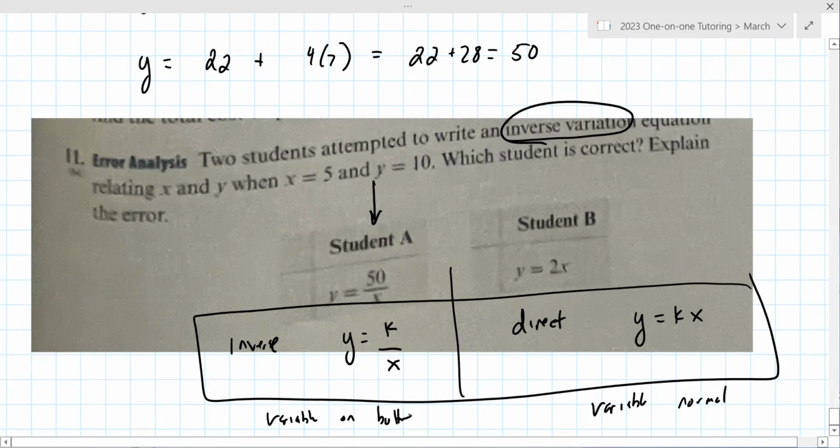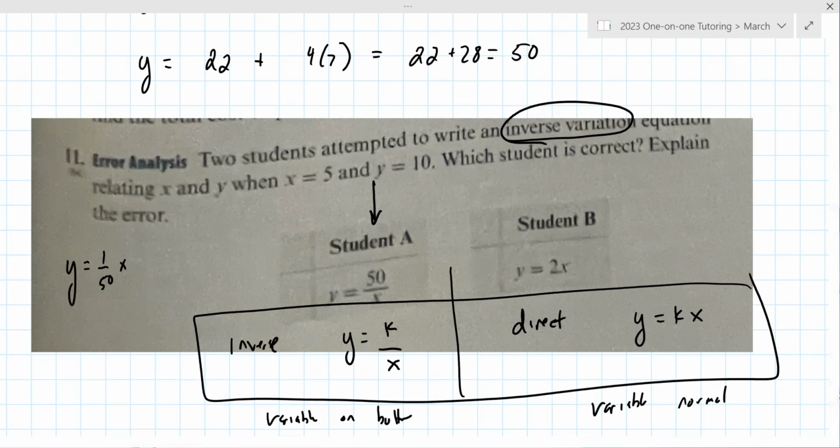It's the variable that matters, not just that one's division and one's multiplication. If it were y equals 1 over 50 times x, this is still direct variation because x is up in the numerator. It's not dividing by x.